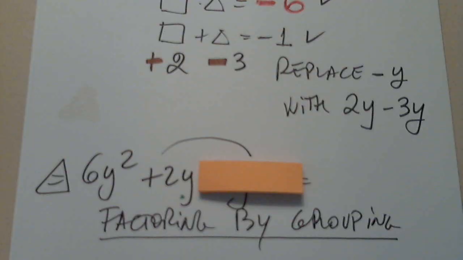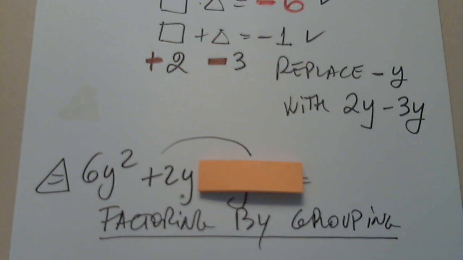Please do not look at the last 2 terms. Let's look at the first 2. Assuming that we only have this binomial, what will you factor out from 6y squared and 2y? What is the greatest common factor here of these 2 terms?